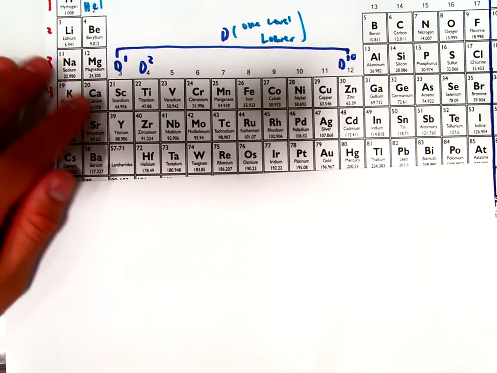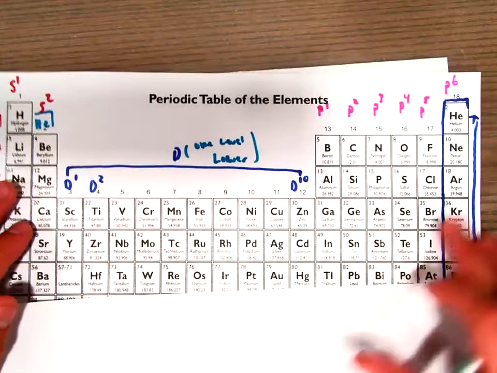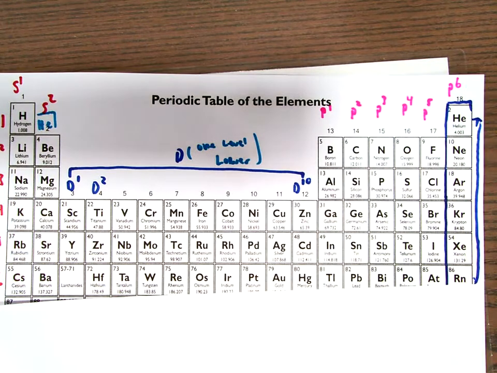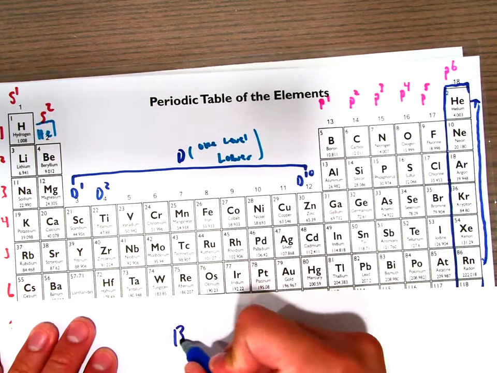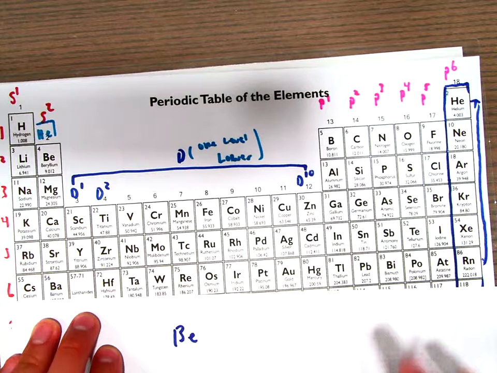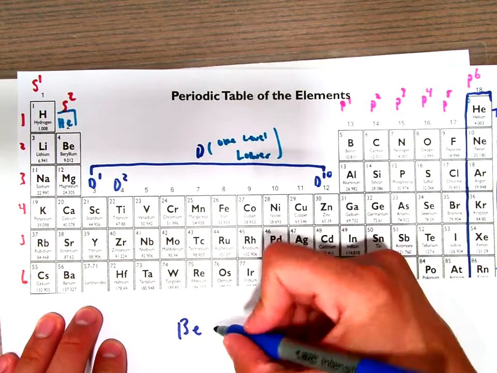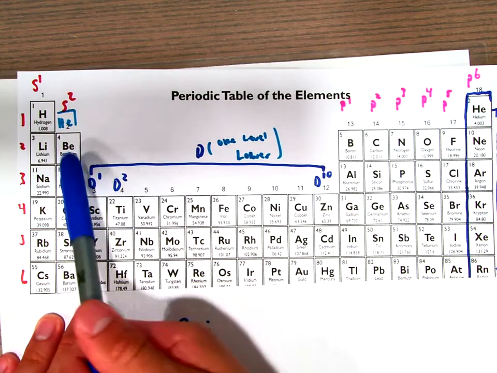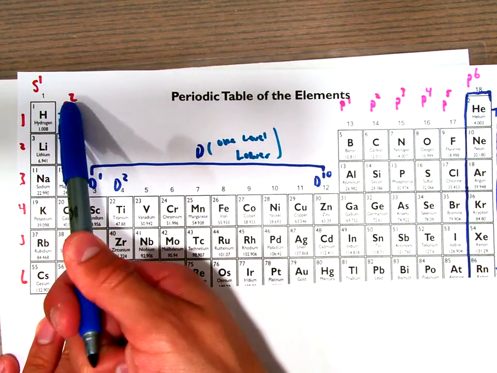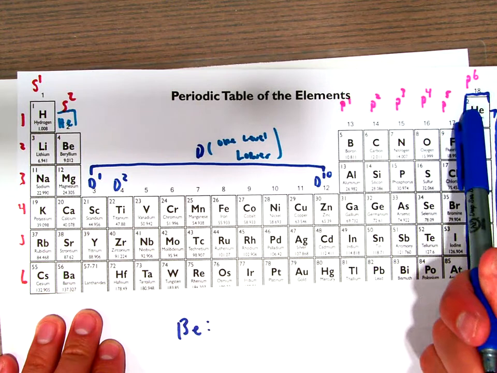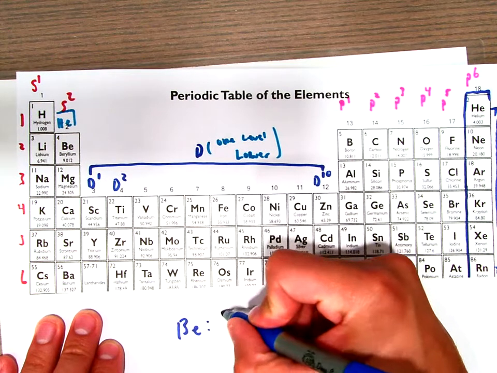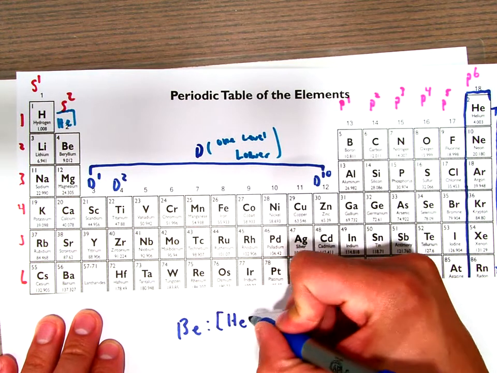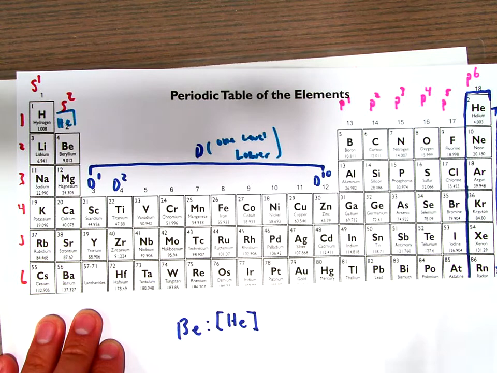Let me do the electron configuration for beryllium. In order to do the configuration for beryllium, I have to go find beryllium. I go up one, and then I find the noble gas before it. The noble gas before it is helium. So I write the symbol of helium. Then I start doing the same thing that I was just doing, but now I start from helium.